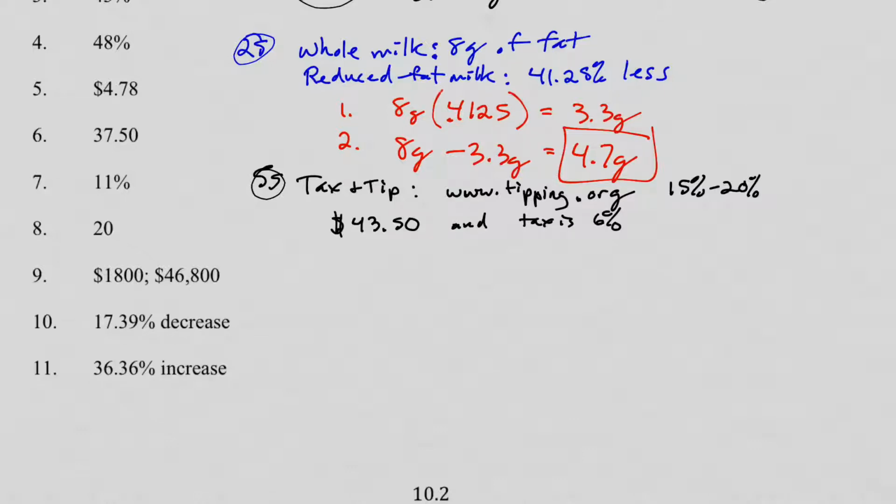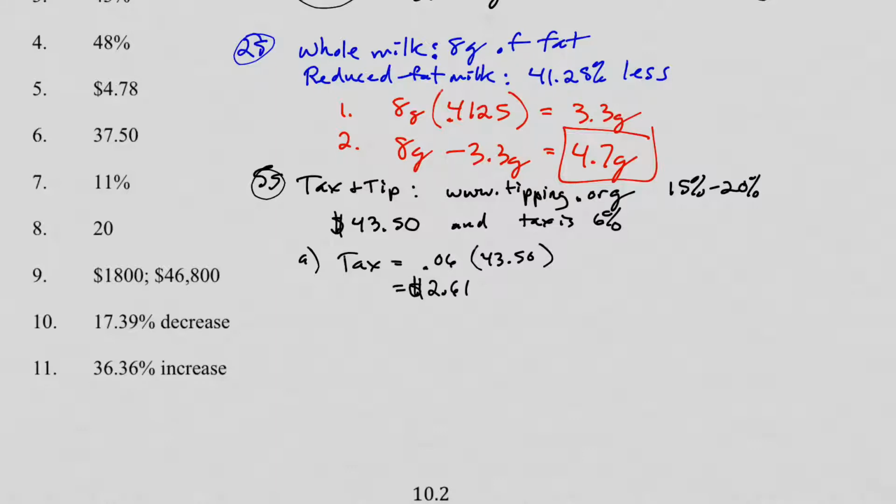Okay. So A says, what is the tax? So the tax is going to equal 0.06 times our bill. And that's going to give us $2.61.